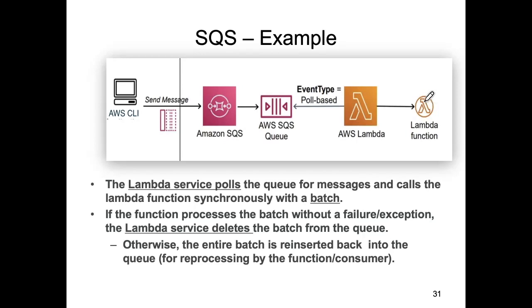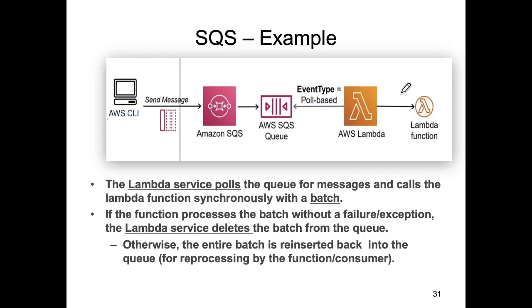Now, when your consumer is a Lambda function, it's actually the Lambda service that takes care of the polling for you. So the service is now polling the queue, checking for messages. And if there are messages, it receives them, and then it invokes your Lambda function with a batch of messages that it has received.